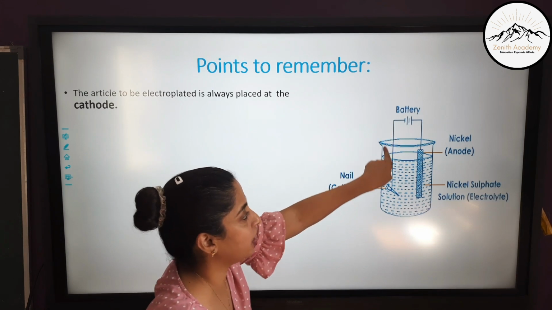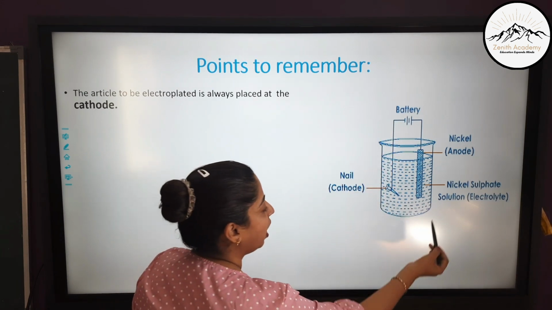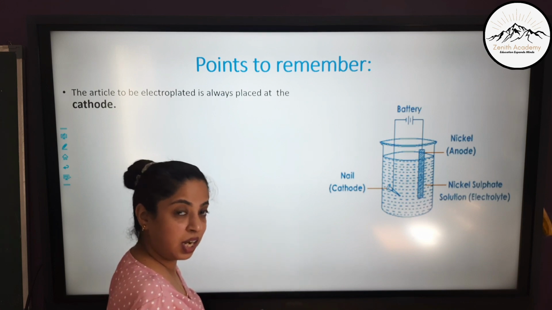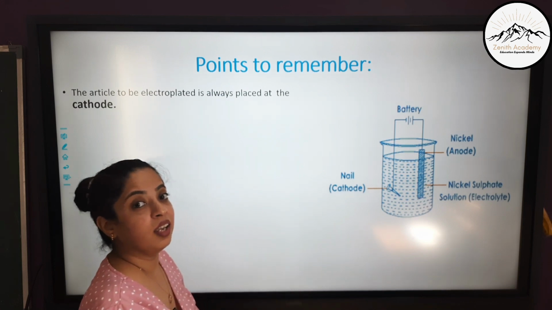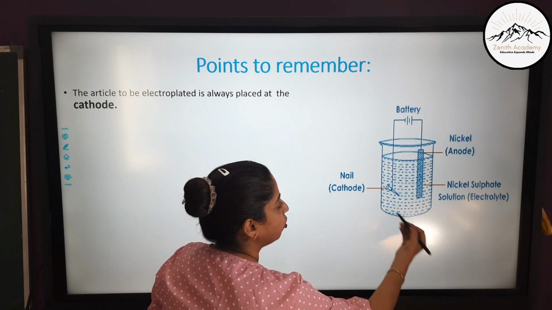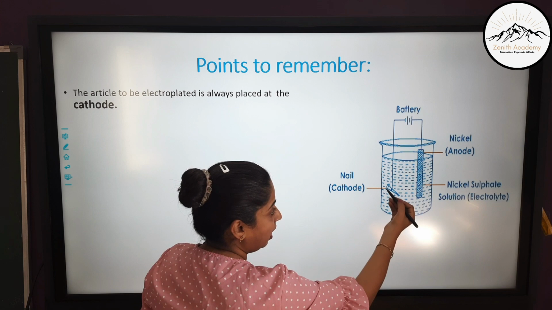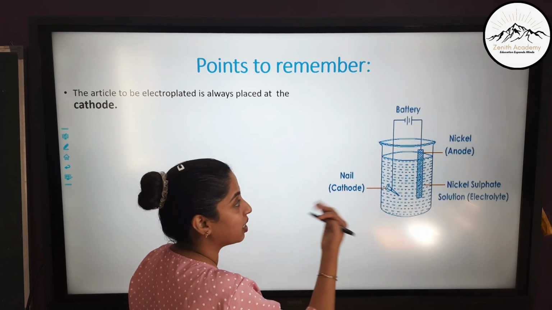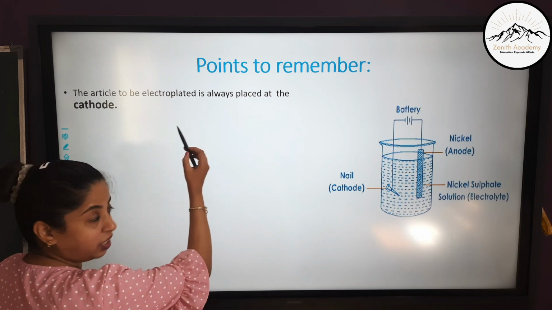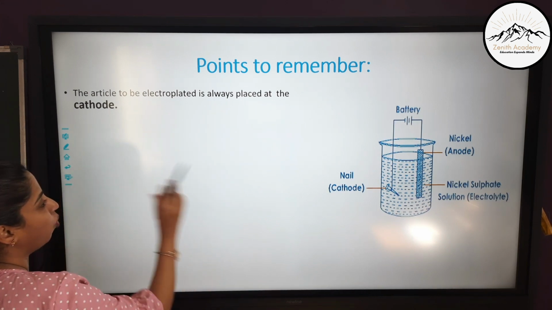This has more number of electrons, it is negative. So the metal ions will move towards the negative electrode, they will accept the electrons and get deposited there in the form of neutral metal atoms. So the nickel ions from the solution will go to the nail and get deposited there by accepting electrons. So always remember, the article which is to be electroplated is always placed at cathode.